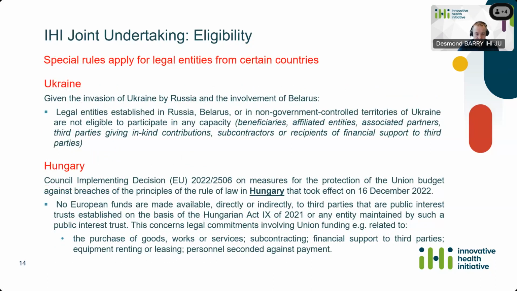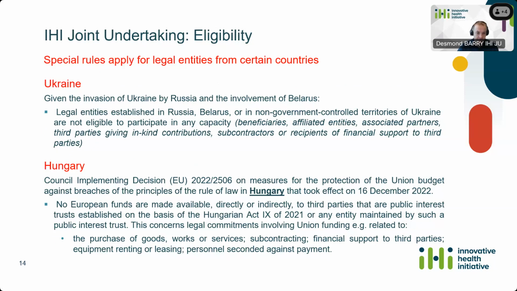So I mentioned two slides ago when I was talking about the eligibility to participate and saying that everyone's welcome to come, with a couple of exceptions. So the first one is obviously the Ukraine. Basically, Ukraine itself, they actually can participate. That's fine. They can actually receive funding, but the eastern parts of the Ukraine, because of the difficulties in that part of the world, if the legal entity is coming from the non-governmental territories of the Ukraine, primarily in the east, they're not eligible to participate in any capacity.